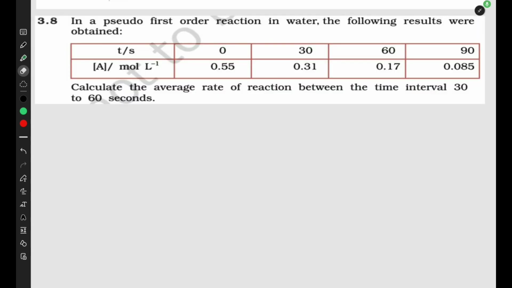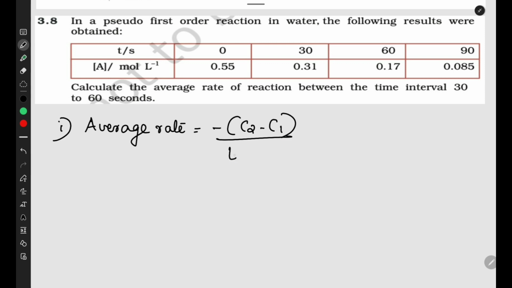In a pseudo first order reaction in water, the following results were obtained. Calculate the average rate of the reaction between the time interval 30 to 60 seconds. So, average rate is equal to minus (C2 minus C1) by (T2 minus T1).